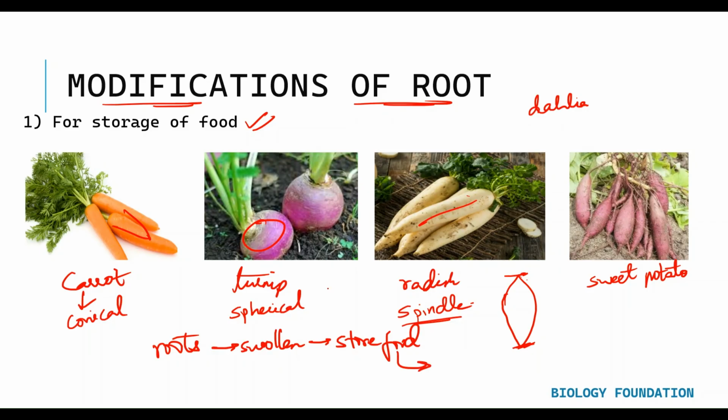The food present inside the roots is utilized later by the plant for various functions. Basically, such roots, which are present underground in the soil, store food, and since they are storing food, the roots swell. Such roots are called tuberous roots.